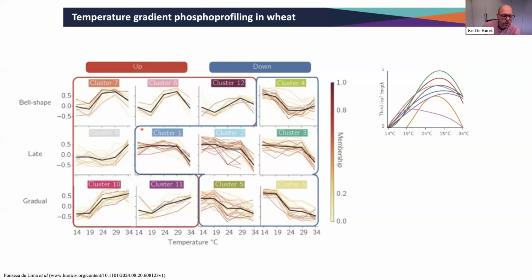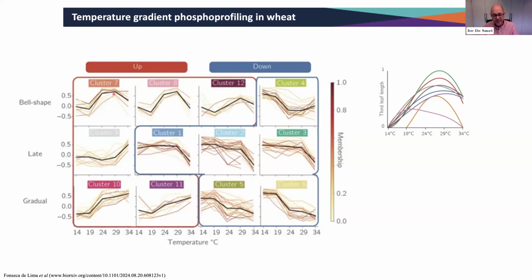These bell-shaped clusters reflect the molecular players that are probably controlling these growth and developmental responses. You also notice that 14 and 19, and 24 and 29, are rather similar. This is also what we observed in the PCA plot, that these two temperatures are not that different in their molecular signatures.